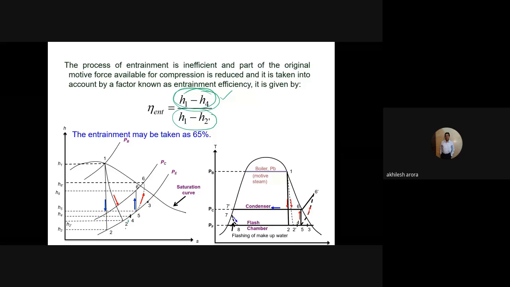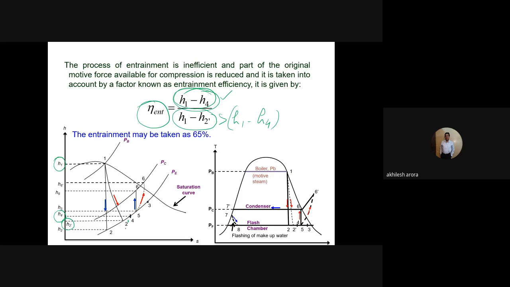That is why we define an efficiency known as entrainment efficiency by the ratio h1 minus h4 divided by h1 minus h2 dash. You can see that h4 is higher than h2 dash, so the difference h1 minus h2 dash is greater than h1 minus h4.